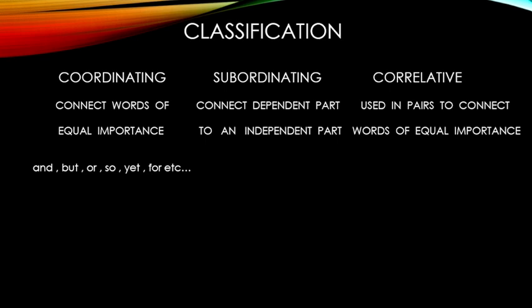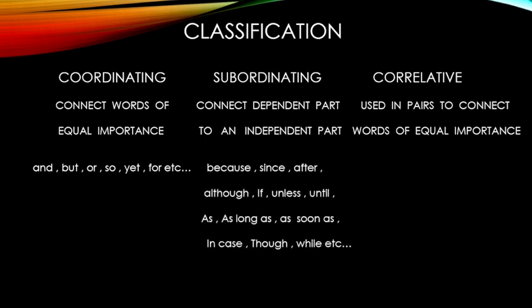Moving to subordinating, here we are using because, since, after, although, if, unless, until, as long as, as soon as, in case, though, while, etc. These are the subordinating conjunctions used to connect a dependent part and an independent part.